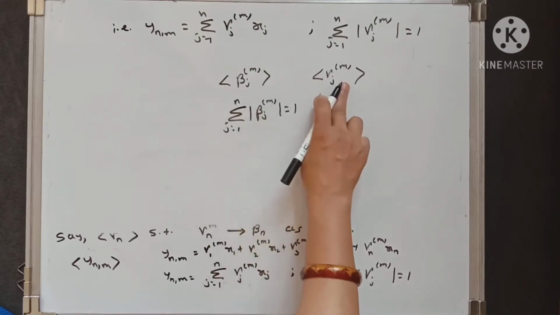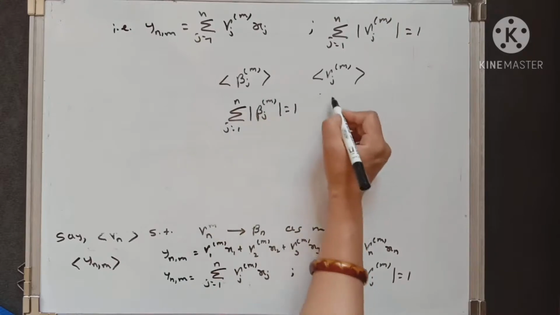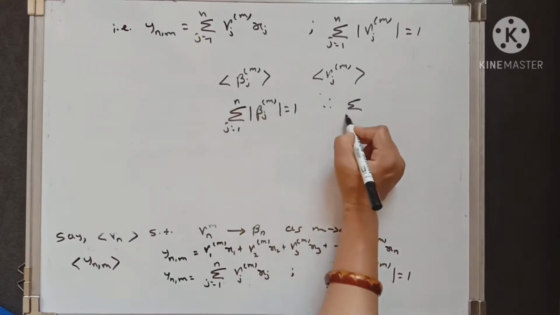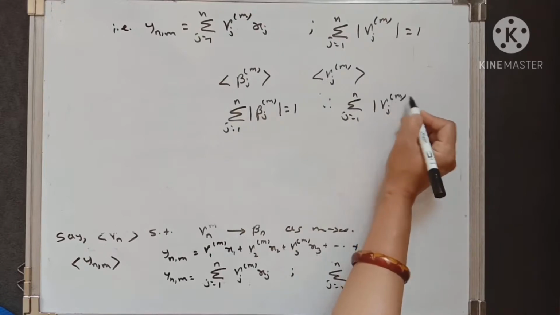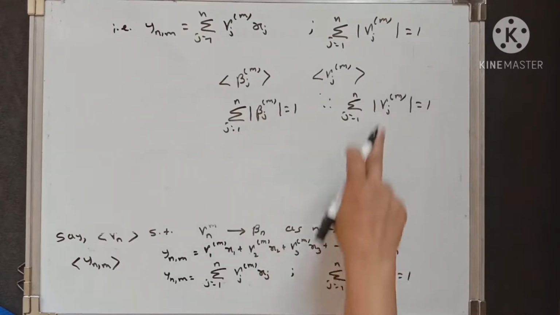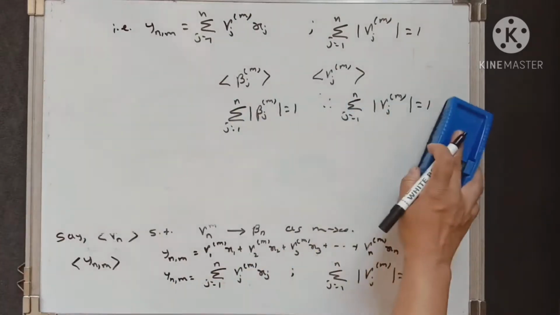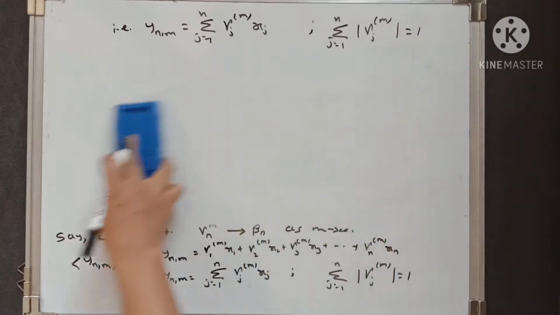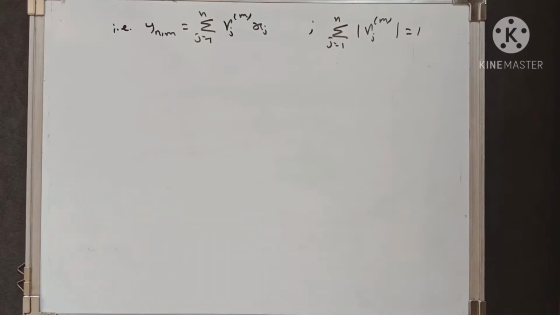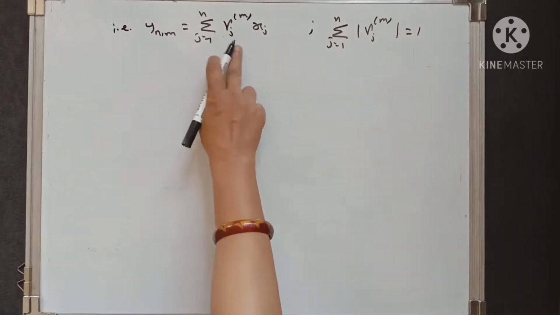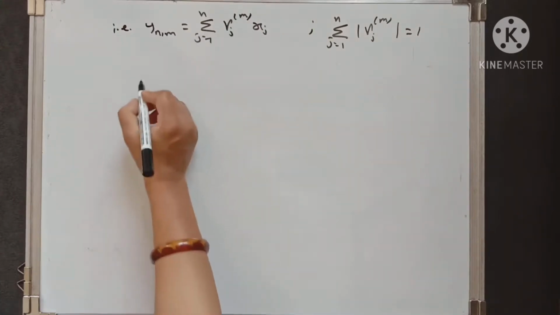Since it is a subsequence of the sequence beta jm, the summation j from 1 to n of mod of gamma jm is also equal to 1. Now here all the scalars gamma jm are like this.